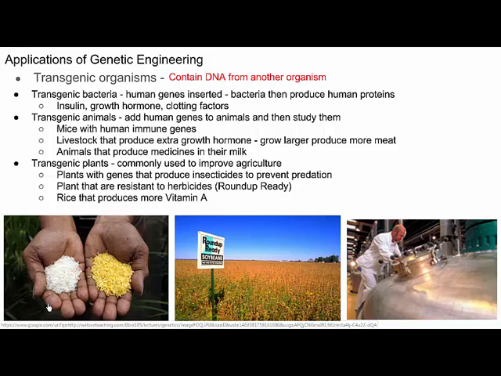One of the controversies is that companies that create these transgenic crops, they're copyrighted. In fact, if you grow Roundup Ready corn, you're not allowed to save some of the corn for seeds. You have to buy the seeds from the company that produced it. These organisms are actually copyrighted because a company produced them through their genetic engineering.